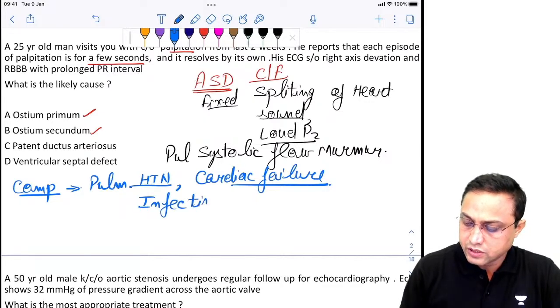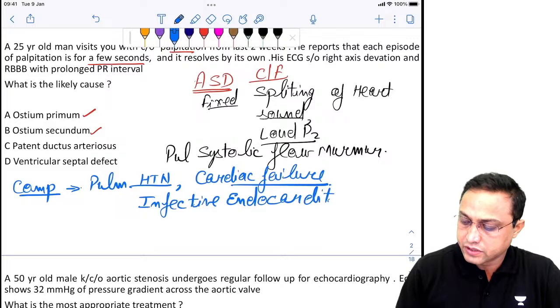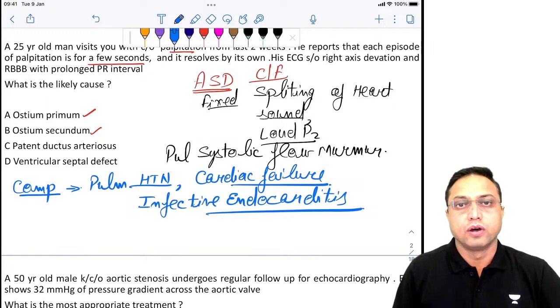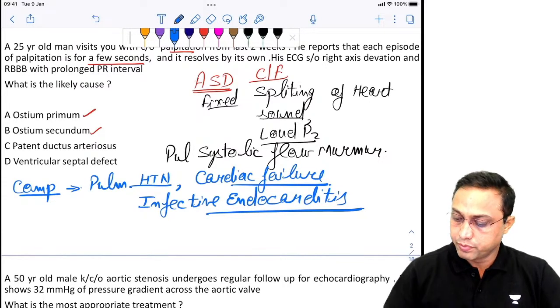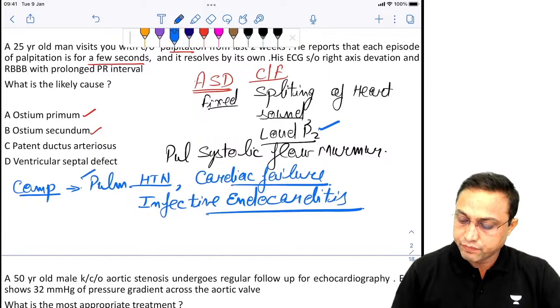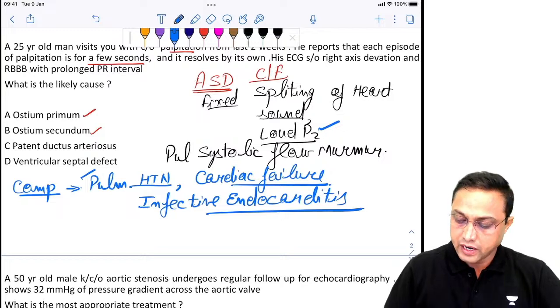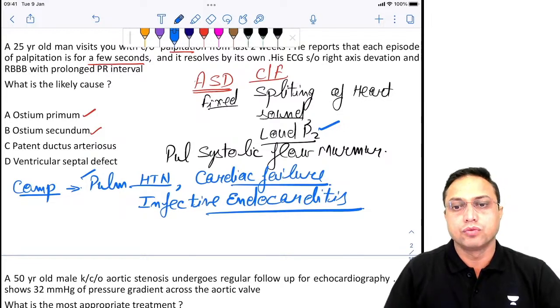So infective endocarditis, cardiac failure, and pulmonary hypertension are some of the complications of the ASD. You have to focus that there is a fixed splitting of the heart sound and a loud P2. Loud P2 means the pulmonic valve pressures are increasing, which is why there is a complication of pulmonary hypertension. So, this is a quick review of the ASD.